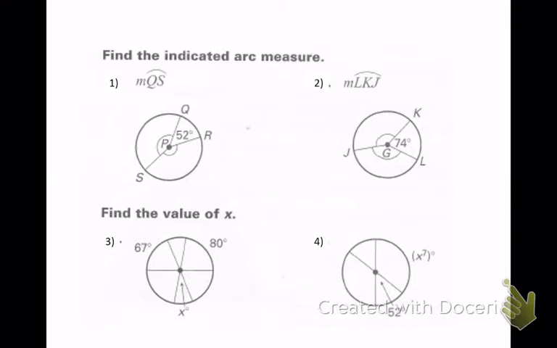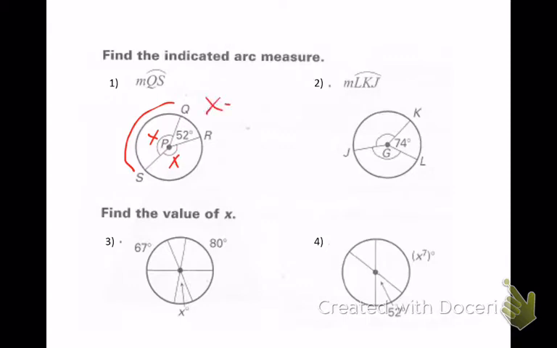Now, a couple more examples here for you. Find the indicated arc measure. We want to find QS. QS is this guy right here. And these arcs are going to tell us these angles are the same. So if we don't know this one, which is x, then this one's going to be x also.